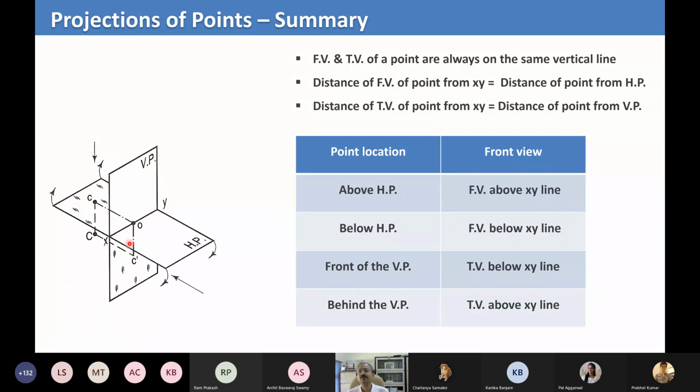So that is nothing but the distance of the point from the horizontal plane. And similarly, the distance of the top view of the point, which is your C, from XY, which is nothing but CO, is the distance of the point from the vertical plane. Again, same thing. No confusion in the class. Everyone is clear? Shall I go ahead?